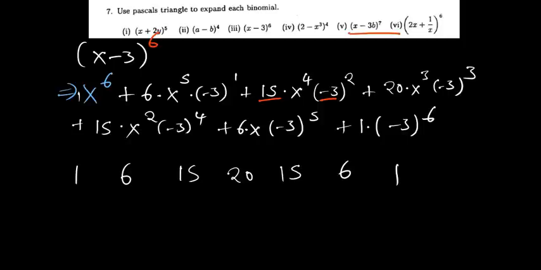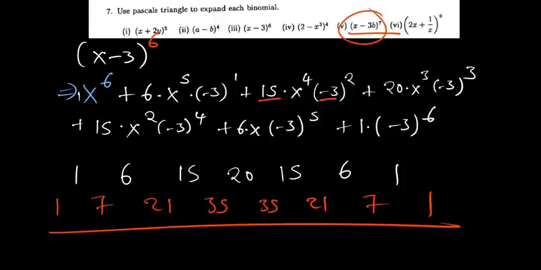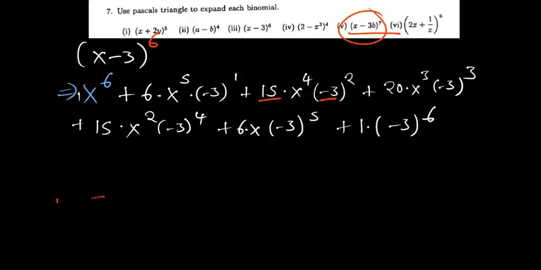The seventh would be 1, then 6 plus 1 is 7, 6 plus 15 is 21, 35, 35, 21, 7, 1. So use this one for that one. Everything remains the same order, with an increasing power or a reducing power, and the same of course applies to this one as well.